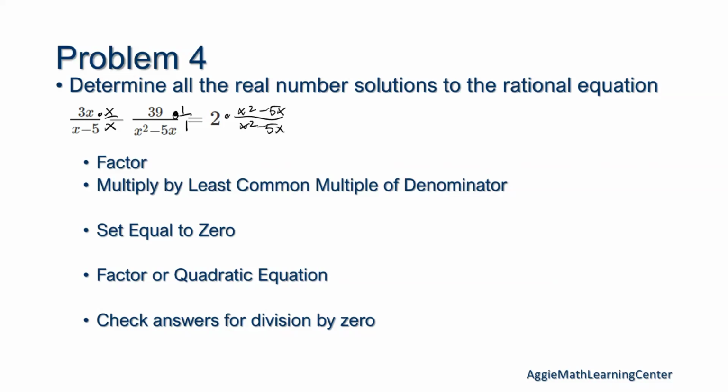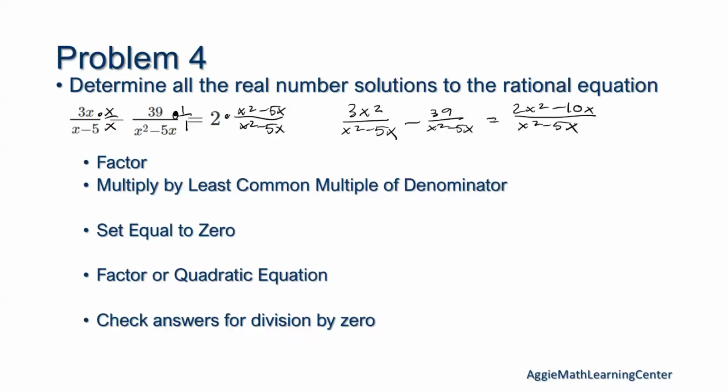So we're going to get 3x squared over x squared minus 5x, minus 39 over x squared minus 5x, and then that is equal to 2x squared minus 10x over x squared minus 5x.